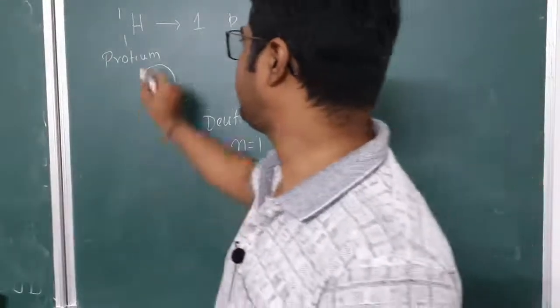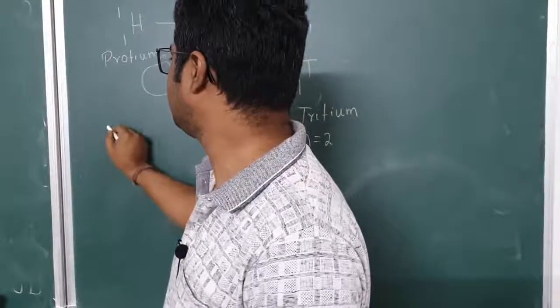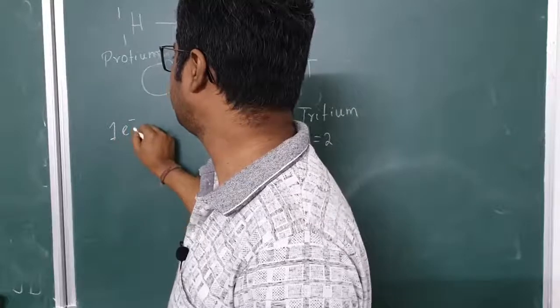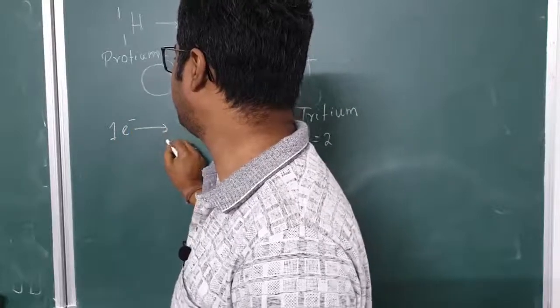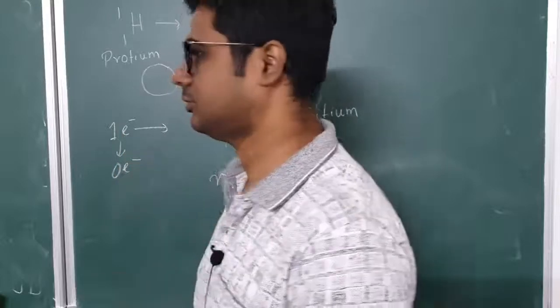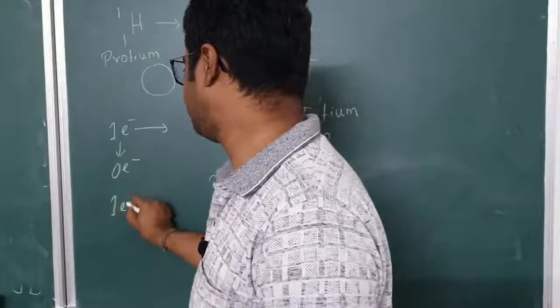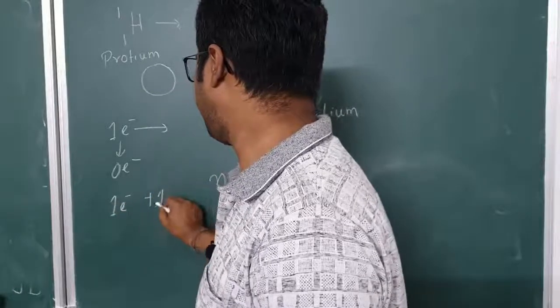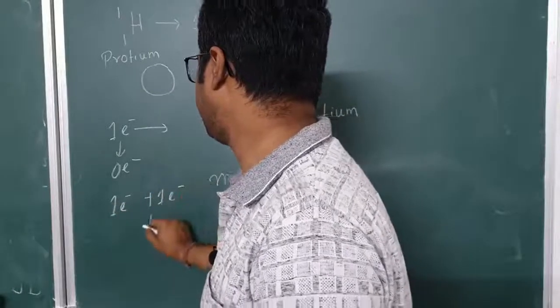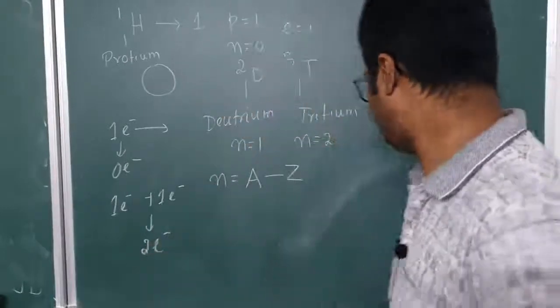Coming to chemical properties of hydrogen, hydrogen can have this 1 electron donated to attain a configuration of 0 electron, or it can have another 1 electron added from anyone else to attain a configuration of 2 electrons. What does this mean?